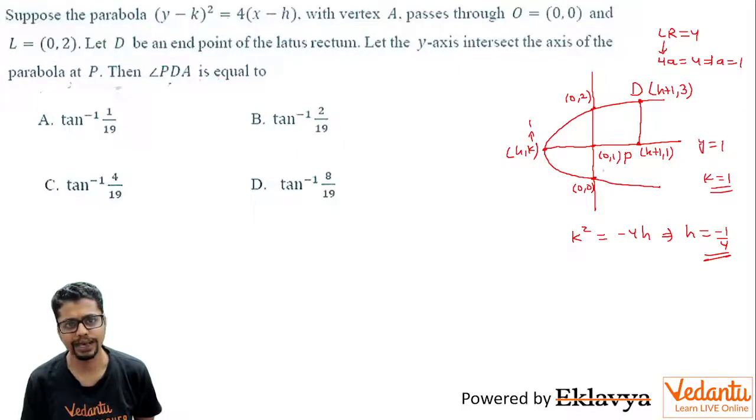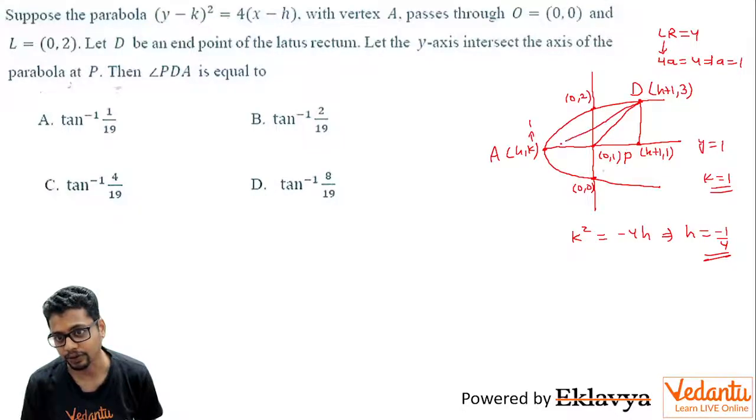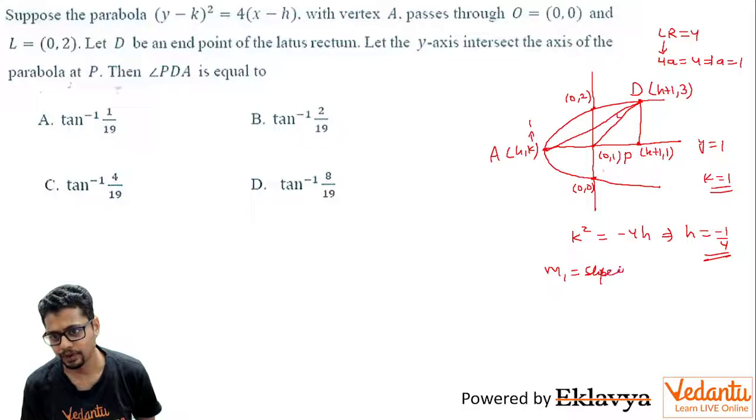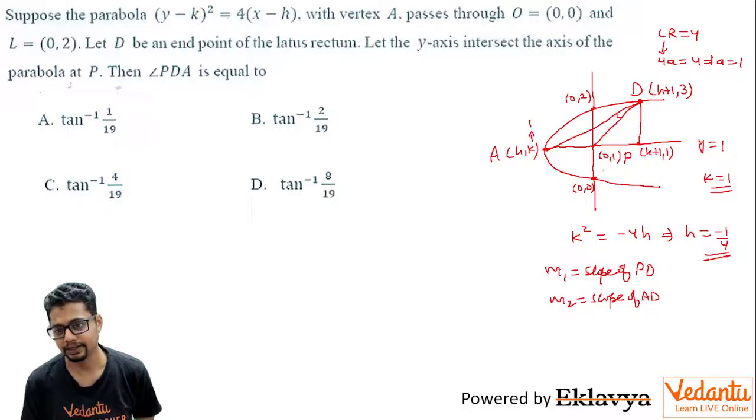Now what we want is angle PDA, and mind it, A is supposed to be the vertex. So angle PDA is what we want. Let's say I call m1 the slope of PD, and m2 the slope of AD, so that we have angle PDA using these two slopes.